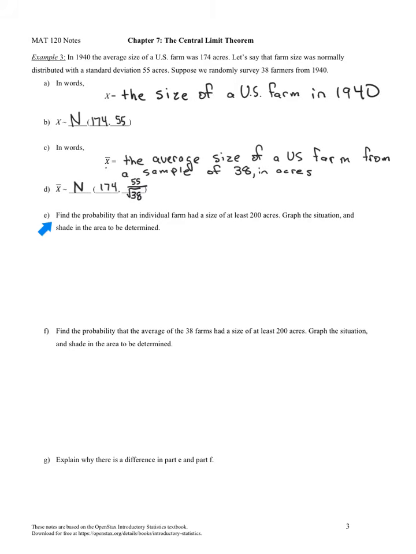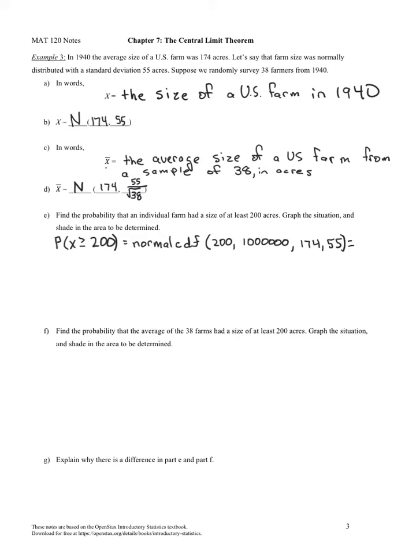In letter E, we're asked to find the probability that an individual farm has a size of at least 200 acres. So for this, we'll use our normal CDF function with a minimum of 200 going on to infinity. So I put in just a large number into the calculator with a mean of 174 and a standard deviation of 55.